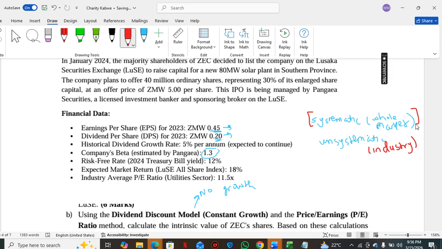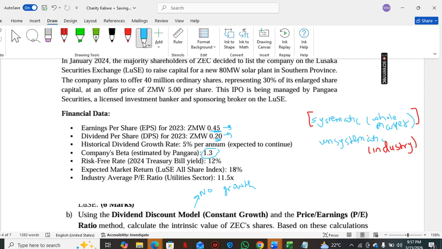So to compensate you for the risks that you take when you invest in ZEC, you have to get a high return for the high risk. Okay, colleagues? And that's what the capital asset pricing model tells us. Higher risk, higher return. Higher beta, higher returns. Lower beta, lower returns.